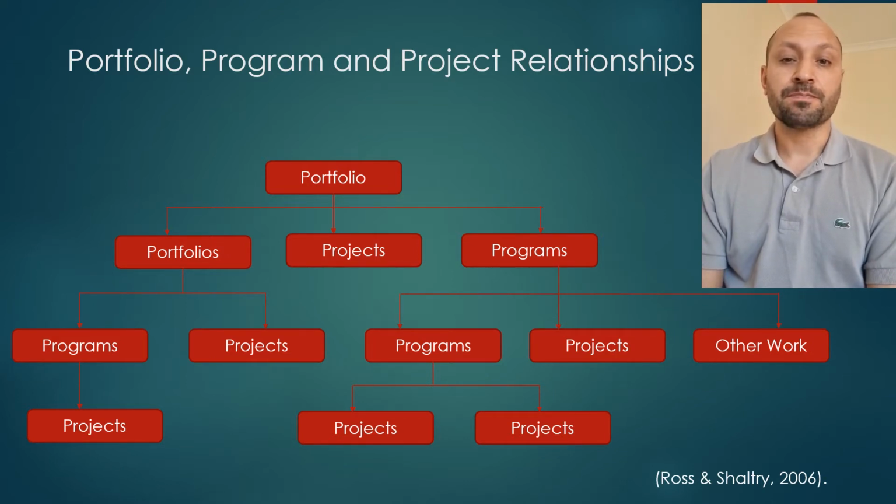Similarly, a program might have other programs or projects and other work as part of it. It depends on the organizational needs, resources, and priorities as to which model of portfolio management they use.